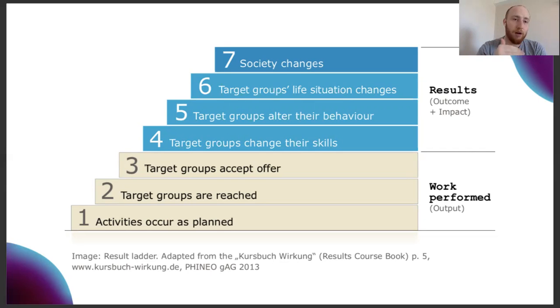And that's how we go down, down, down on the first stair. And here you cannot see it. There's also 0 stair, which is input. When we count how much finances we need for that and how many other resources we need to input, to put in order that all these stairs from 1 to 7 will work.